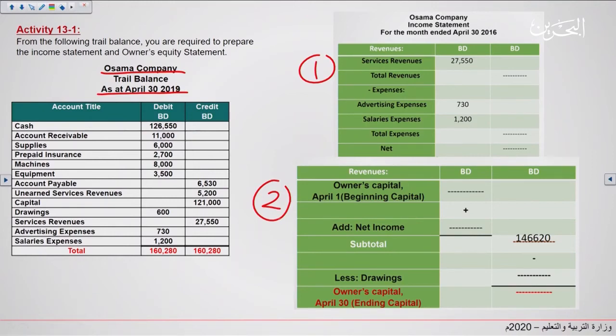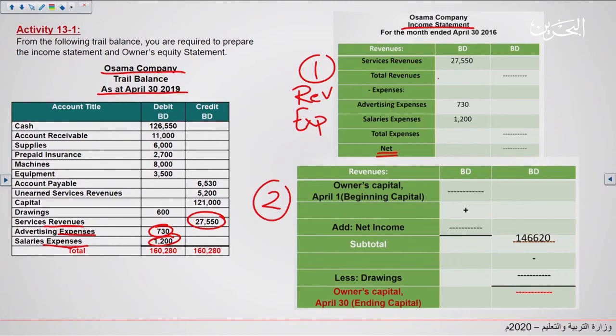We have to select the revenue and the expenses in order to prepare the income statement. We will go back to the trial balance and search for the revenues and the expenses, and then we will take these amounts and put them in the income statement in order to get the final amount.